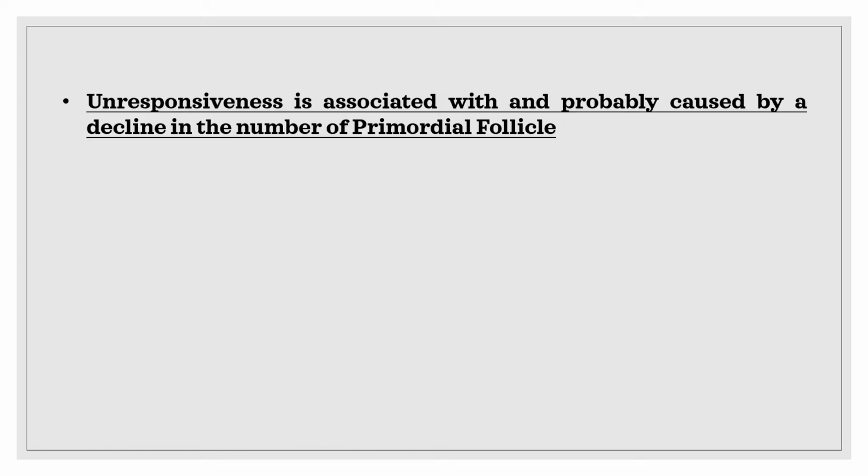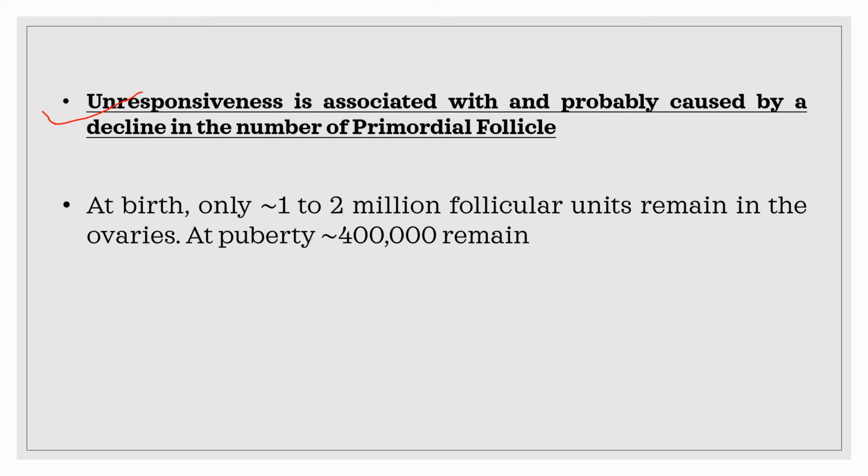Now, why do the ovaries become unresponsive to GnRH? Unresponsiveness is associated with, and probably caused by, a decline in the number of primordial follicles. At birth, 1 to 2 million follicular units remain in the ovaries. At puberty, some of them undergo atresia and around 3 to 4 lakh remain.